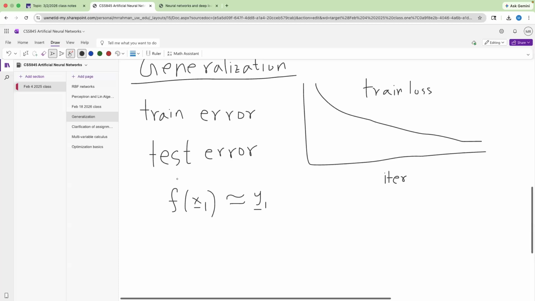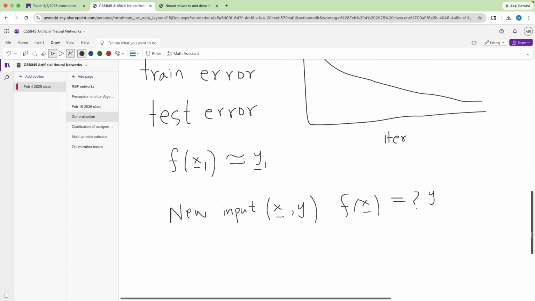But what is test error? Test error means that it's a new input that you haven't used in your training, let's say x and y, and you want to check whether f of x, the prediction on this new input, is equal to the expected output or not.